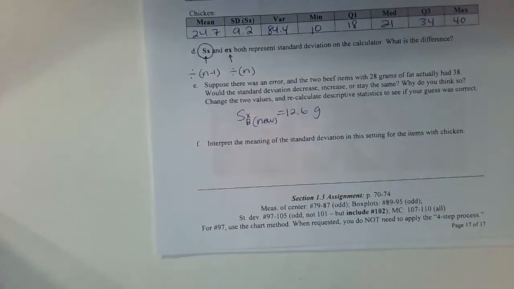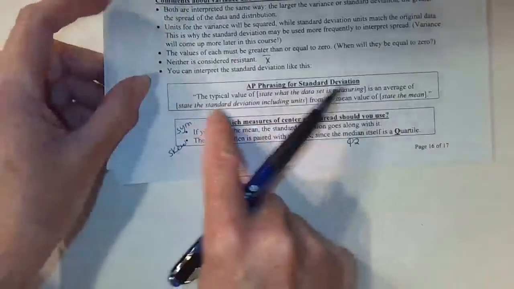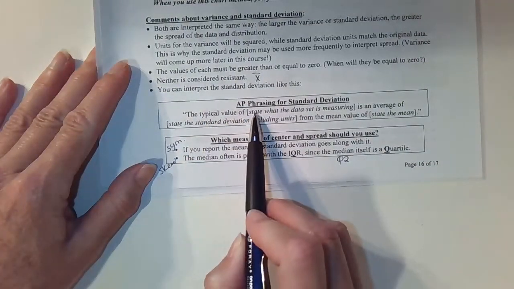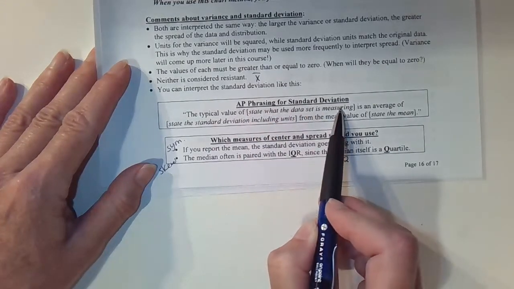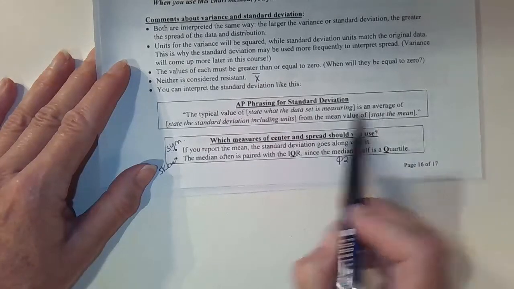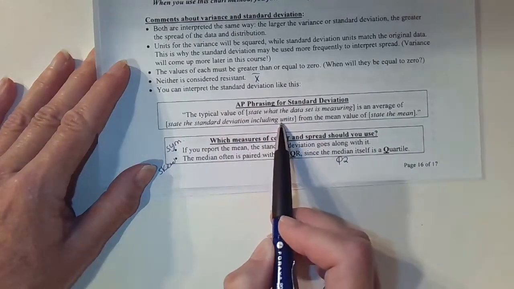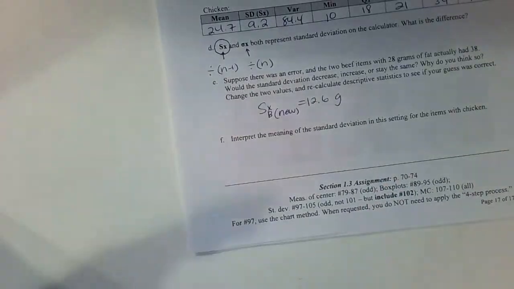All right, here we go. Interpret the meaning of the standard deviation. So you could go back to the previous page where I said right here, AP phrasing: the typical value of fat content in beef and chicken at McDonald's is an average of, state the value with grams, from the mean value of. Okay, so let's just do beef.